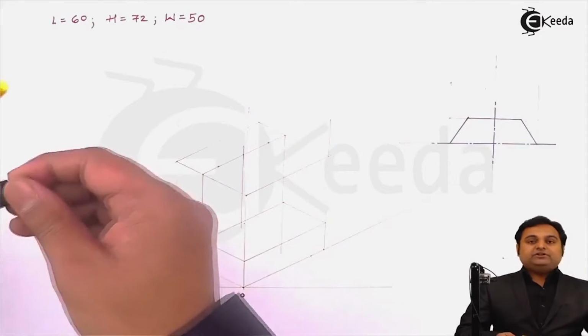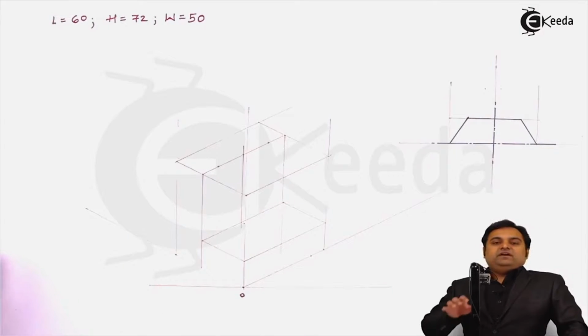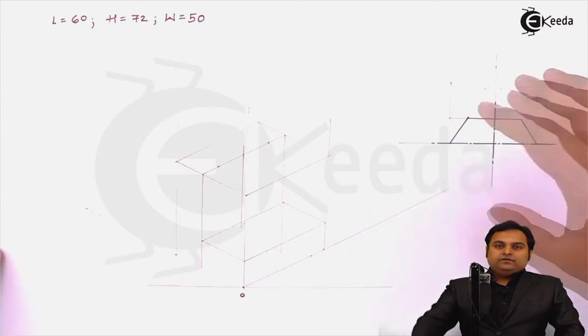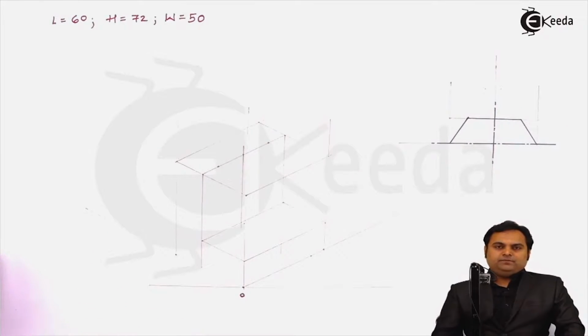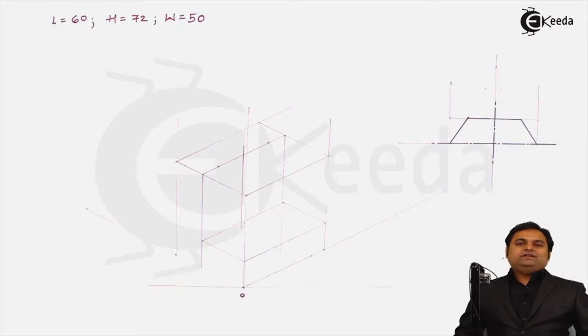So this is the method we should use in case of isometric projections. Whenever we have some angle in between the drawing, we have to take that angle somewhere different from the drawing, and then we have to copy it back, because in case of isometric projections, the lines are already inclined at 30 degree.